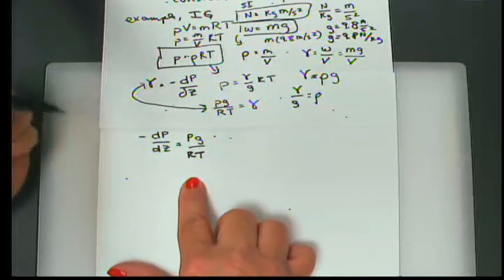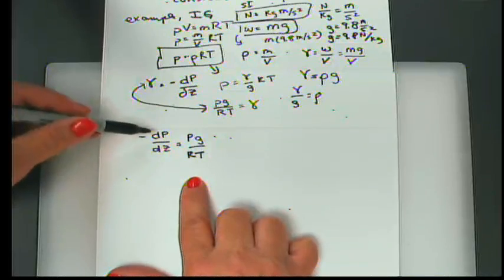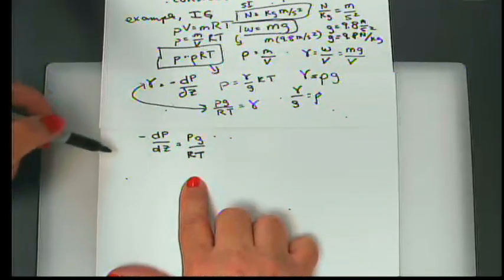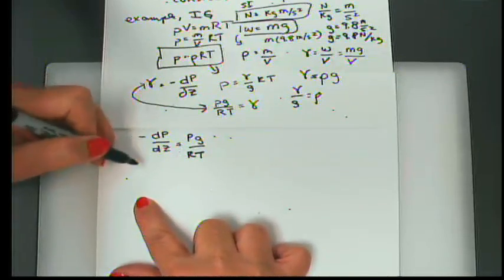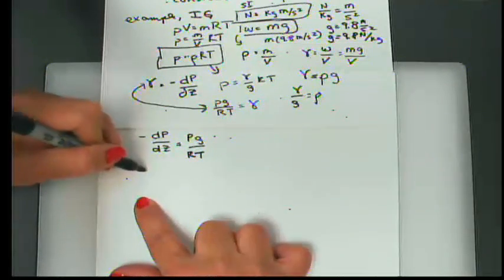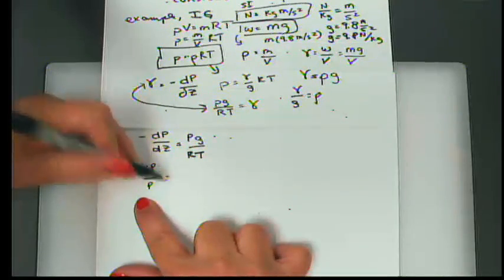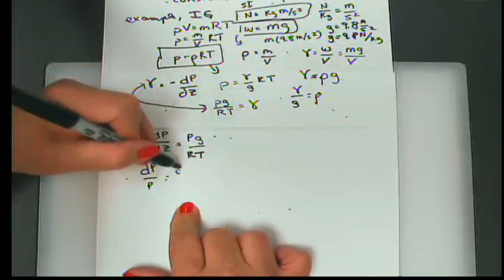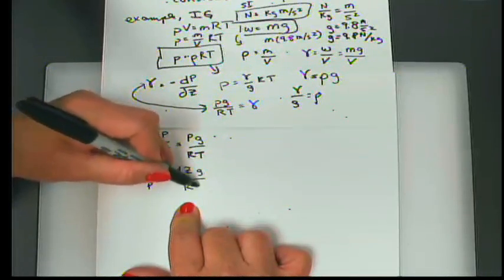All right, so in this particular case, I don't necessarily have a gamma as a function of z, but I do have two variables. So if I rewrote this by dividing through by P, I could say dP over P equals, and I'm going to multiply through by dz, dz times G over RT.